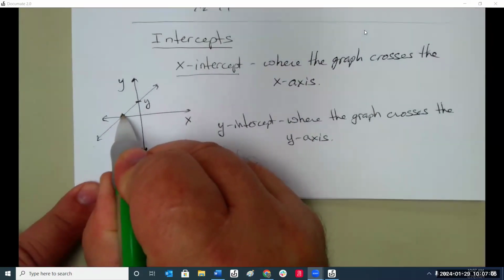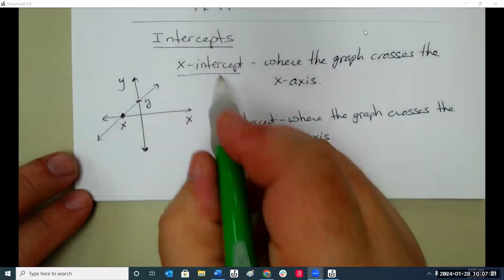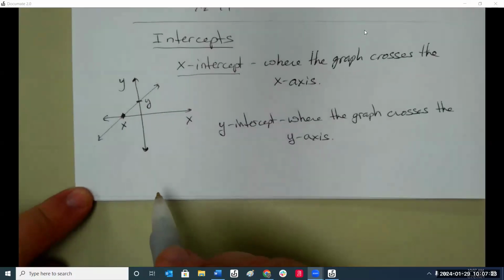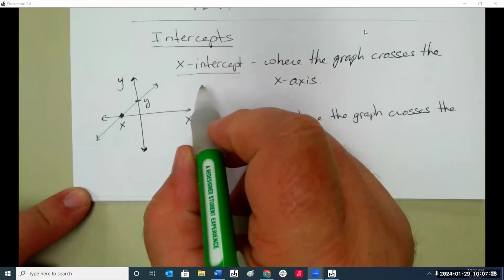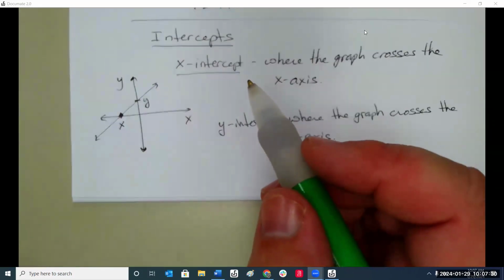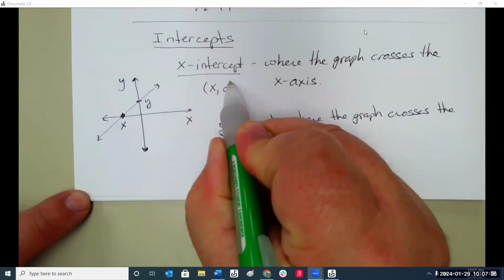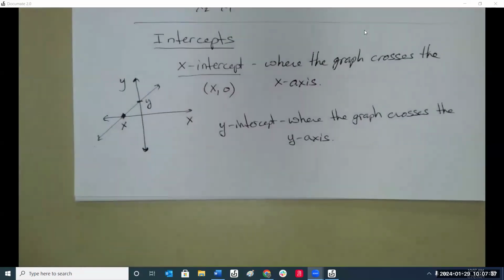It's there. But what is its location? It's got to be a point. A location is a point. So in order to be a point, it needs an x and y component. So the x-intercept is where? What's the y component? That is the location of an x-intercept.